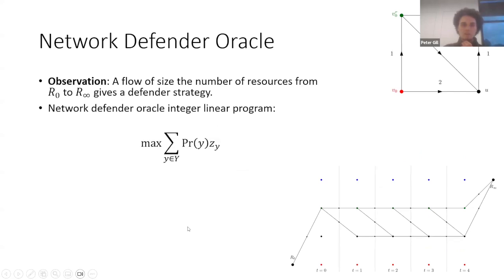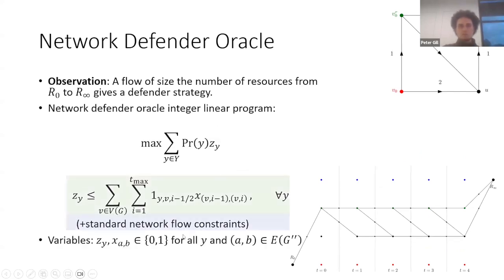And then once again, very similar to before, I have my network flow constraints, and then this constraint in the same way as the attacker oracle makes sure that this Z variable is computed correctly. So ZY means that against strategy Y, I'm getting an interdiction or not, an indicator variable.